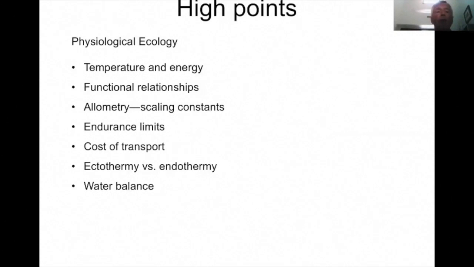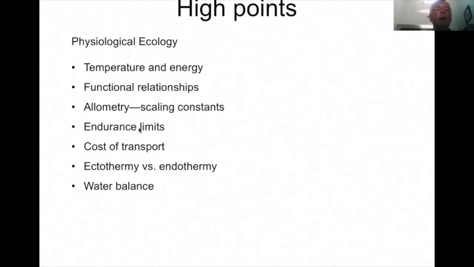So I've run through physiological ecology and behavioral ecology superficially and very rapidly. I want to just hit the high points of these two areas, and then we can circle back on some questions. So physiological ecology, I pointed out that it is mostly about temperature and energy. We talked about functional relationships involving the body size of animals and scaling constants in allometry.